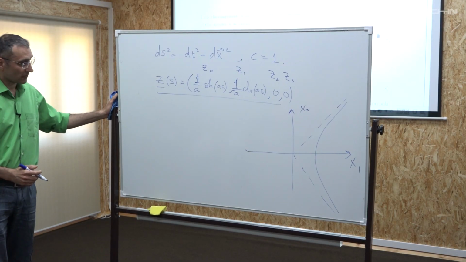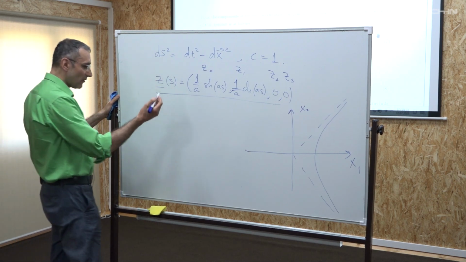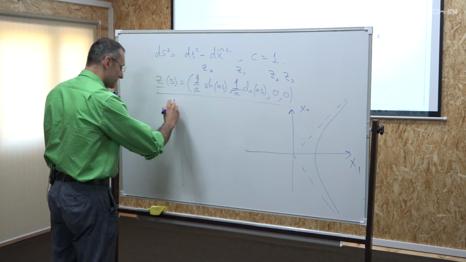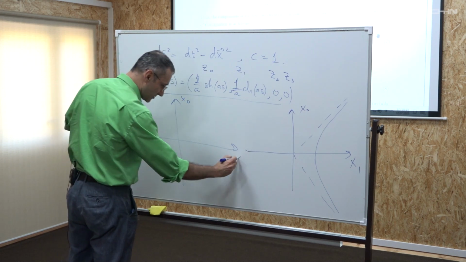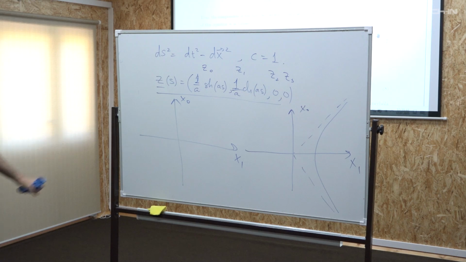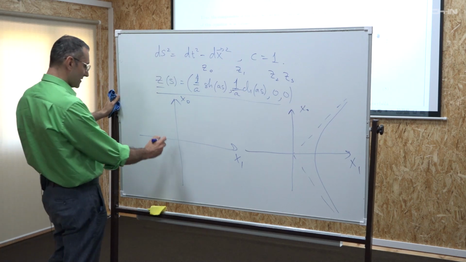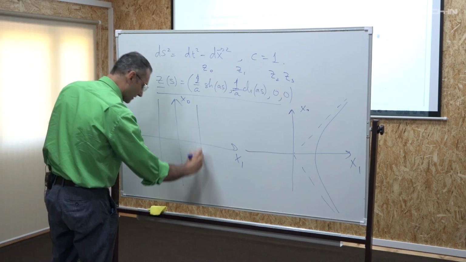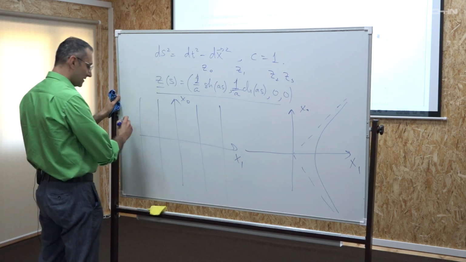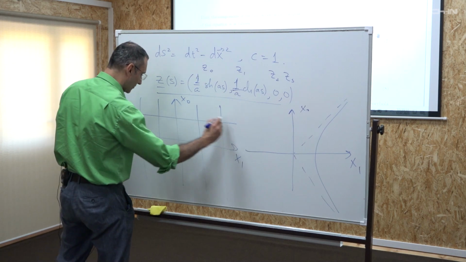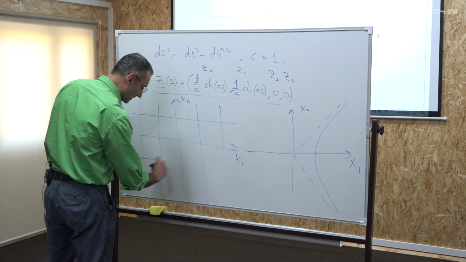So you see, how do we observe the reference systems? For example, if you consider just Cartesian coordinates, the lines of constant x coordinate are like this, and the lines of constant x0 coordinate are like this.